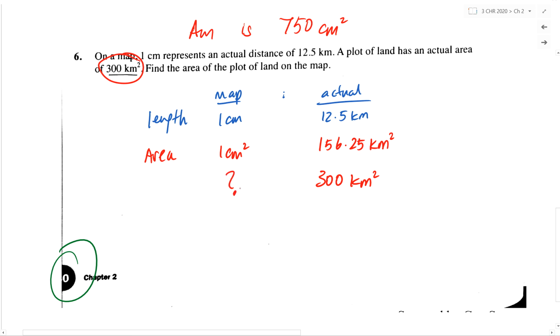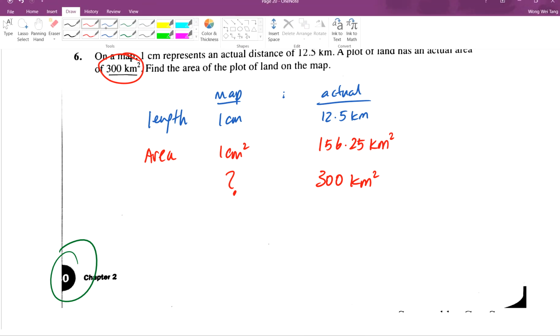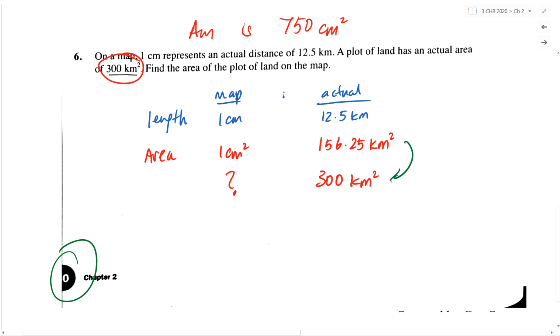At this point, you have your own way of doing it. You can get it correct, it's fine. But if you can't, then draw arrows to help you. What should I multiply this by? 1.92. How do you know it's 1.92? 300 divided by 156.25.